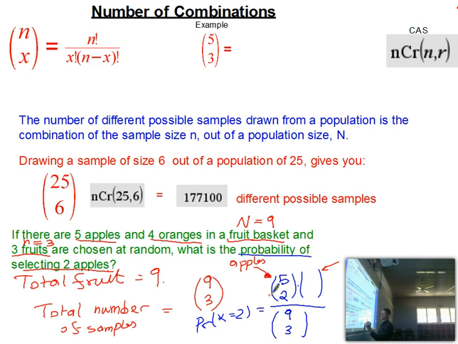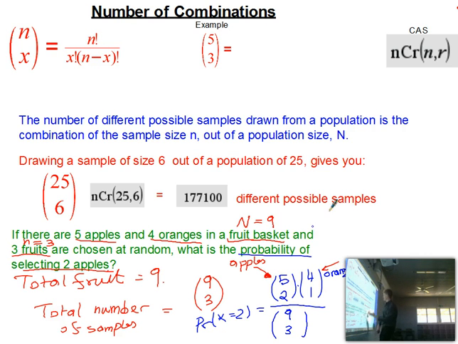Well, every time we now select 2 apples, we also have to get 1 orange to get our 3 fruit all together. So the second combination is looking at all the combinations for oranges. So we've got 4 oranges, that's our total number, and we're going to be selecting 1 orange every time we get 3 fruit. And this is for our oranges.